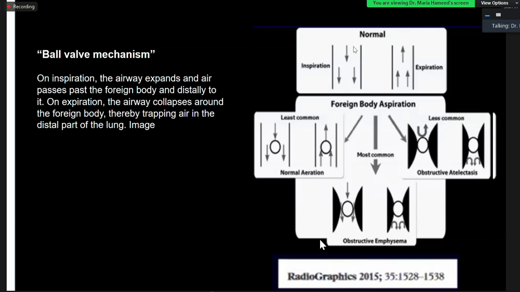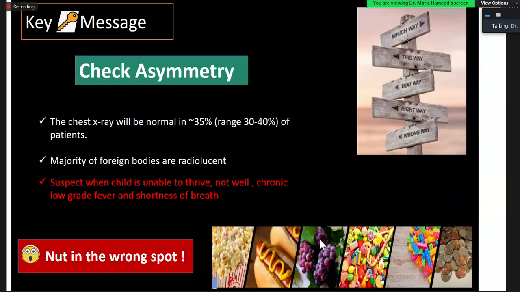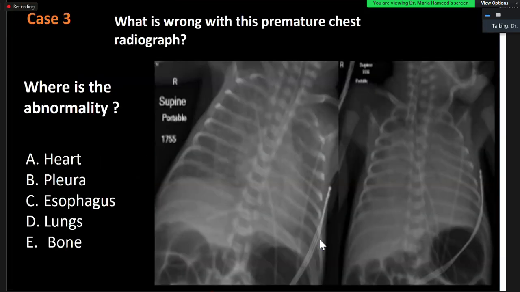This is the ball valve mechanism. The key message on this slide is that foreign body should not be neglected, urgent recognition is the key, and always check the asymmetry. Suspect a foreign body when the patient is unable to thrive and has off and on shortness of breath. And remember, most of the time the X-ray turns out to be normal.